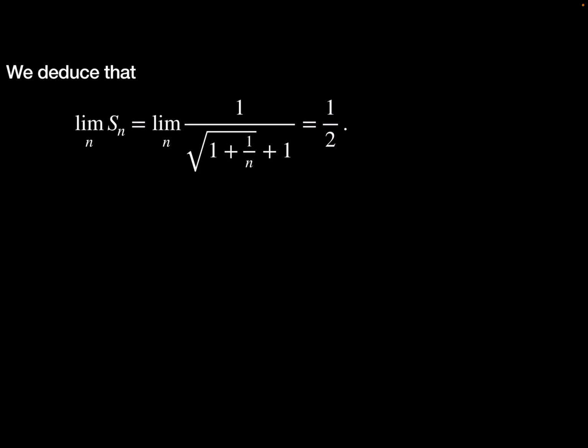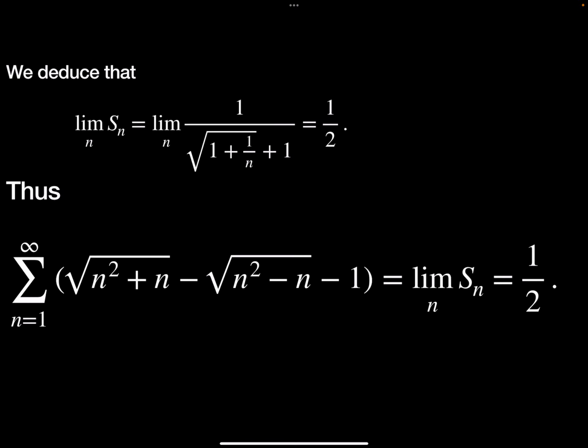Now, remember at the beginning I said that the sum of the series is equal to the limit, if it exists, of its sequence of partial sums. So the sum of the series is exactly 1/2. So I think this is a good place to stop.